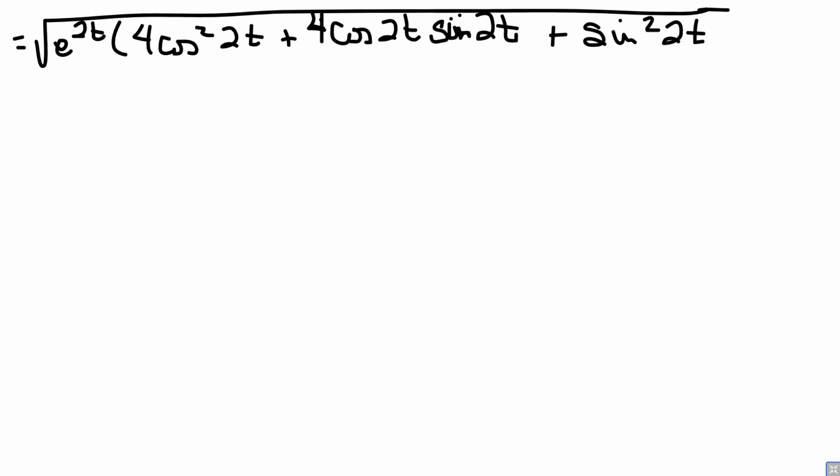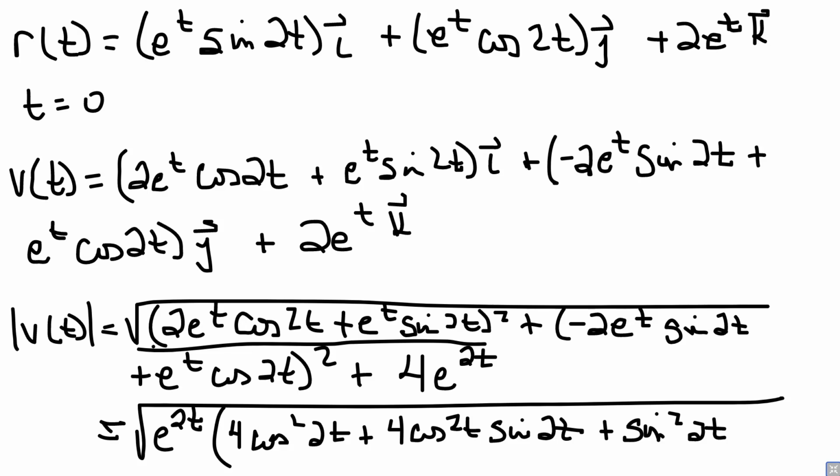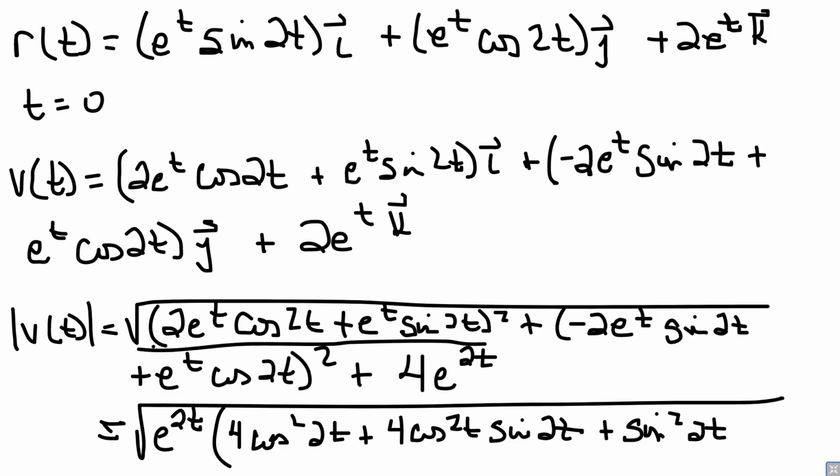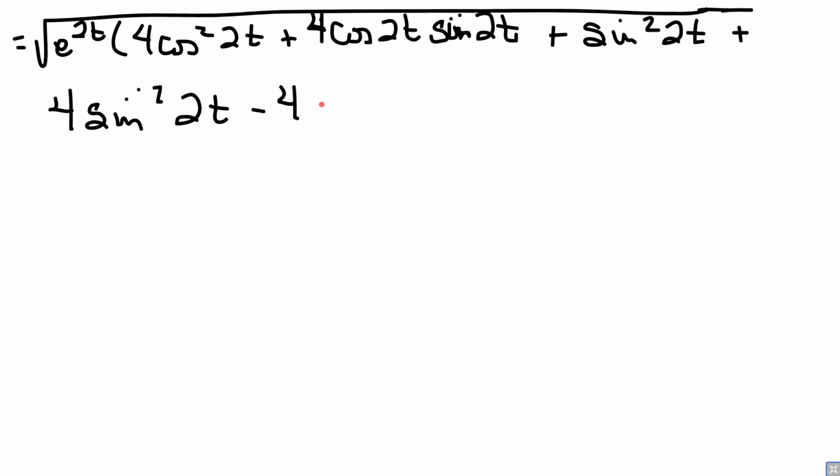Okay. All right, so that's this first piece squared. Now I'm going to do the second piece squared, so it's going to end up being plus 4 sine squared 2t. The middle term is going to be a negative 4 cosine 2t sine 2t.